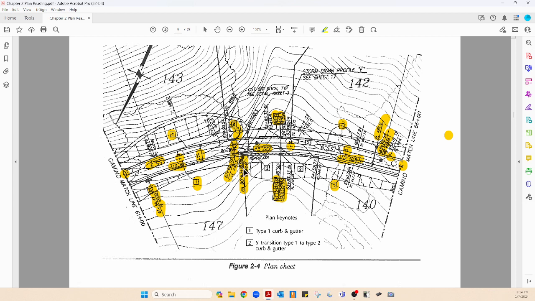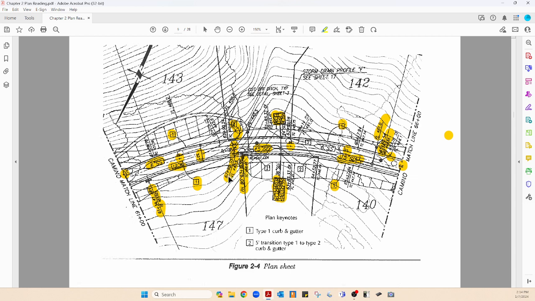This is 63 right here. And it's showing, what's it showing? So, sewer service connected to the lots at station 62+75, 98, and 64+14.